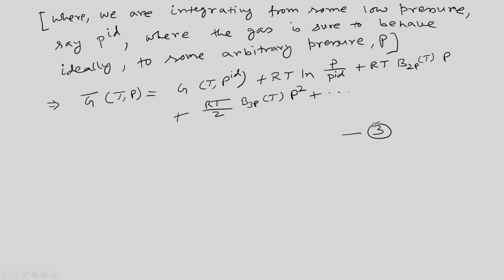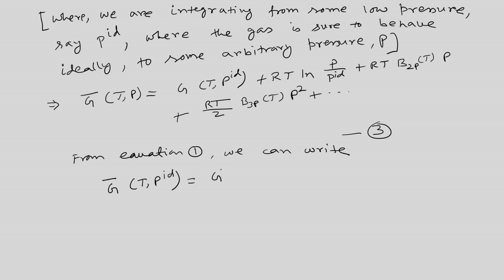Okay. So, now from equation 1 we can write G bar T P ideal is nothing but G naught T plus RT ln P ideal by P naught. Okay. So, this we can write. Okay.